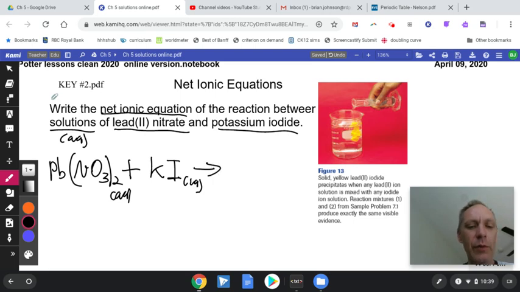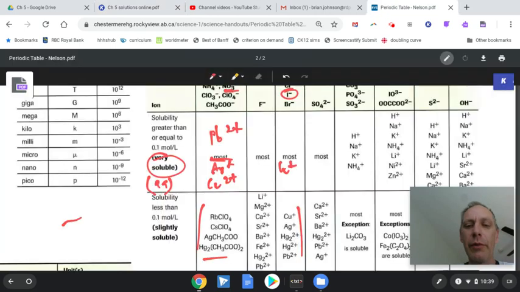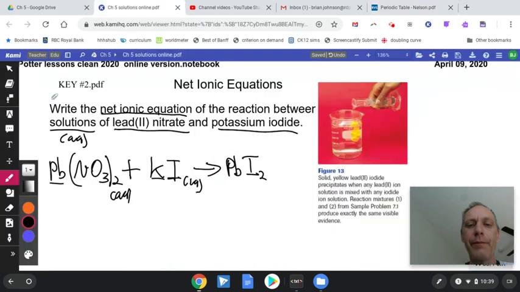Becomes, so this is a double replacement. Metals change places, so we get PbI. Pb is a 2 plus, I is a 1 minus, so PbI2. Solubility: iodide is here, and Pb is down there, so it's a solid. And, yuck, I'm running out of room.